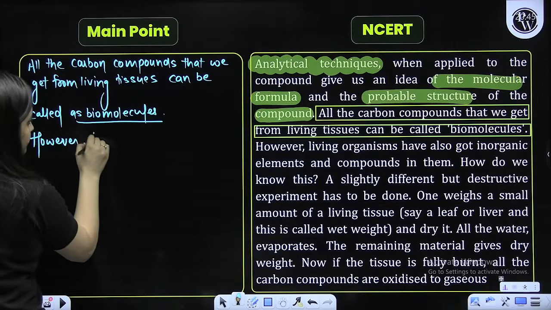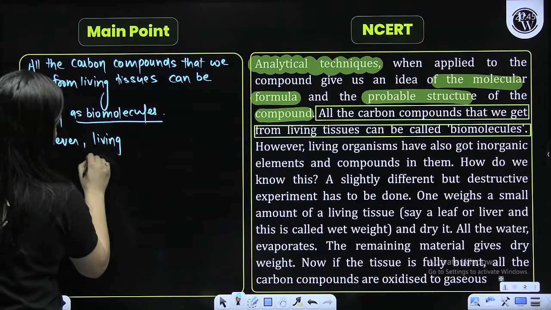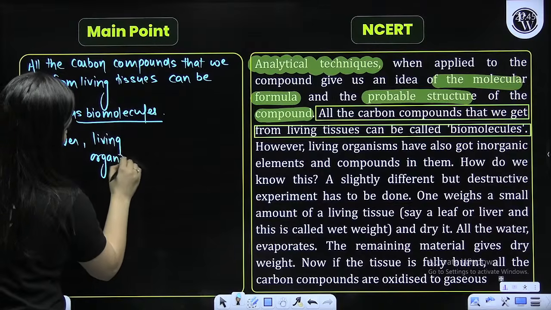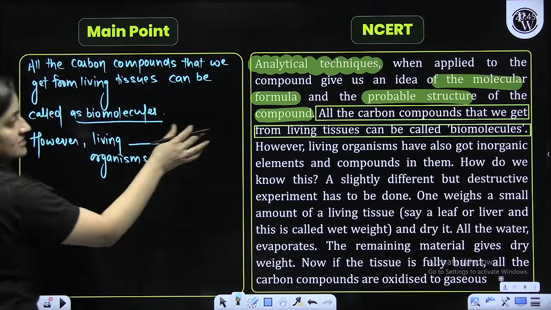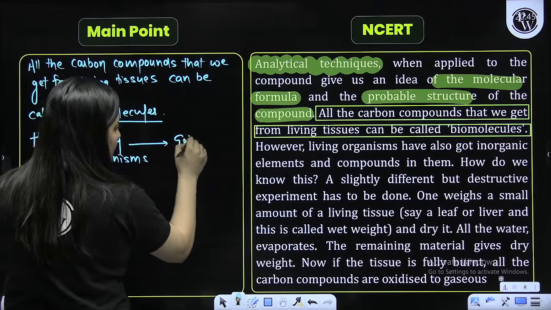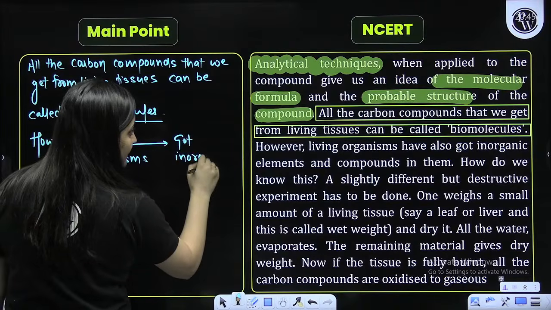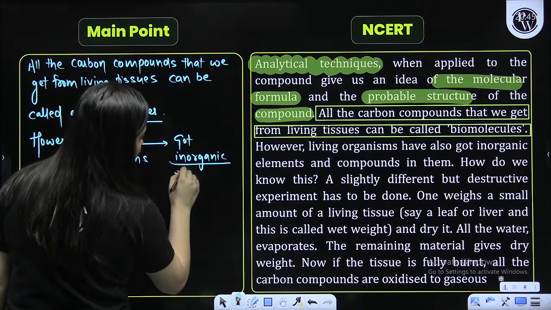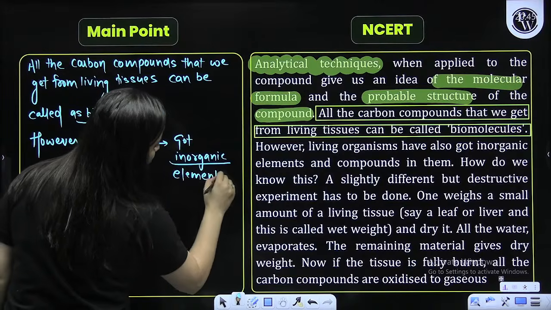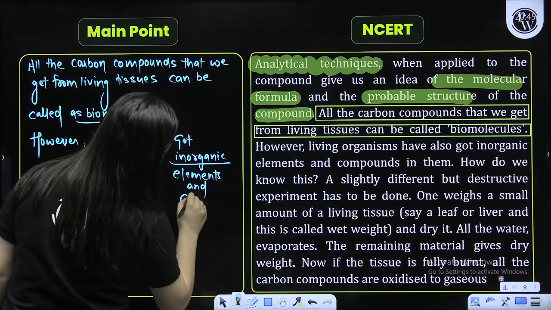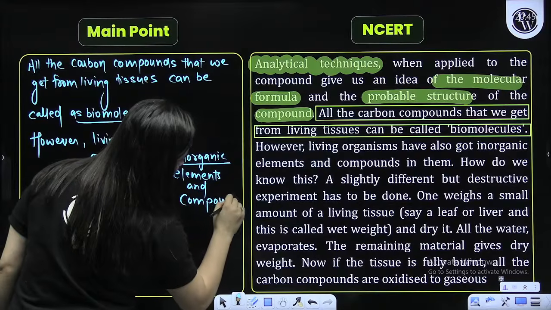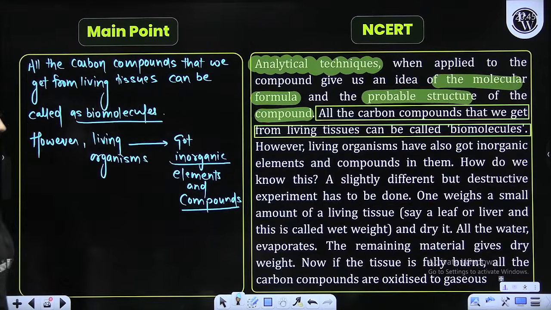However, living organisms also have inorganic compounds. Is that clear? Inorganic elements and compounds. So it is not just the organic compounds that we see in a living body, we also see inorganic compounds. Am I clear?